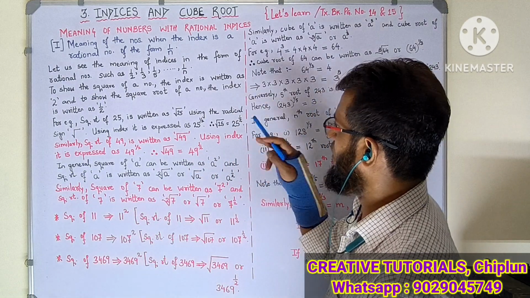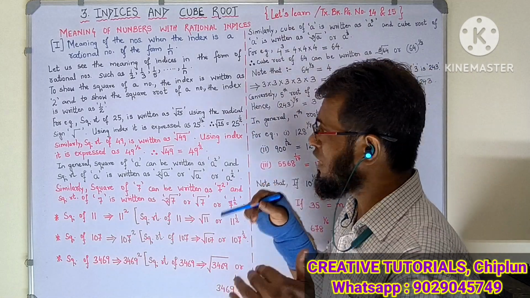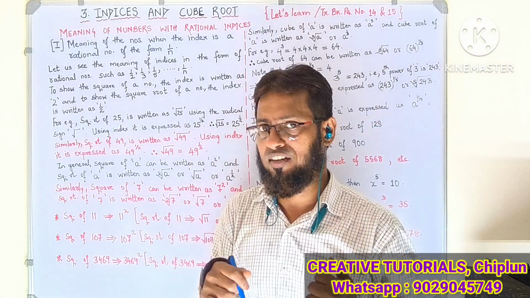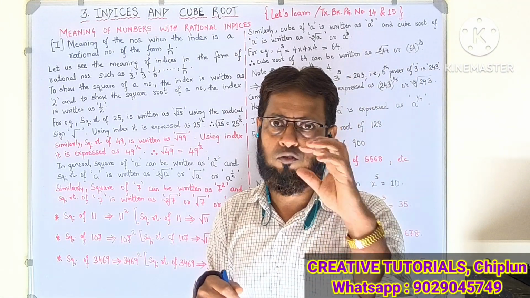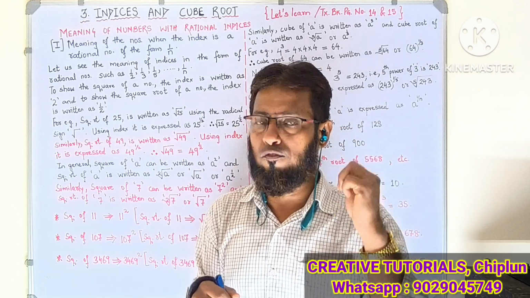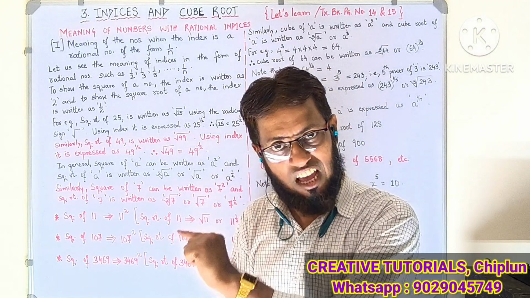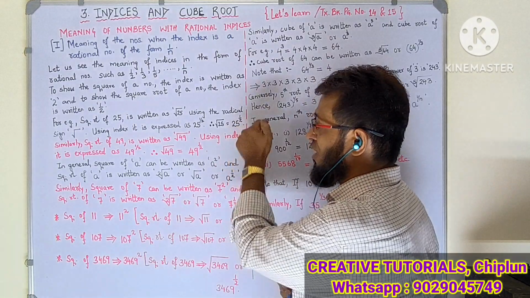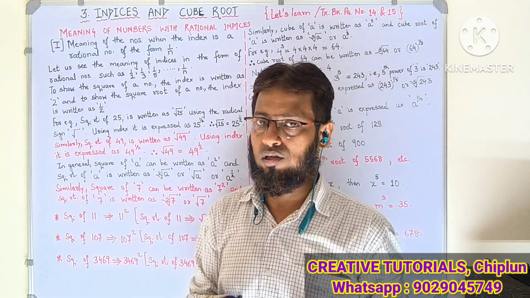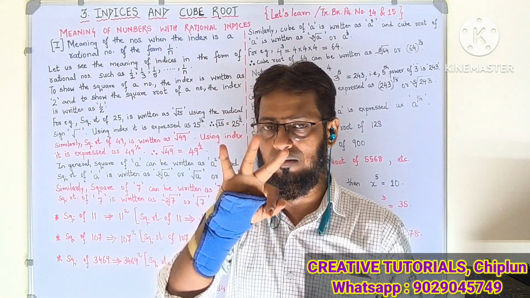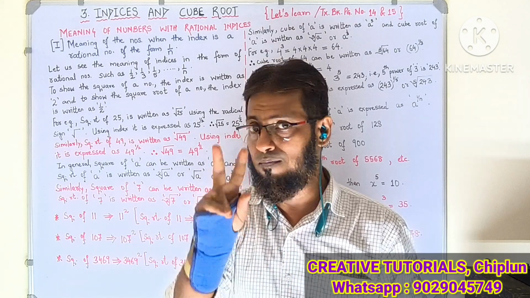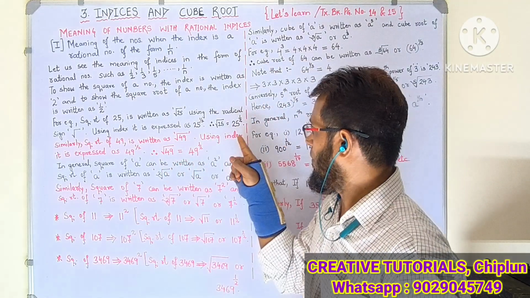Similarly, if we had the cube root of 25, the answer would have been 25 raised to 1 upon 3, because for cube we use 3, and for square we use 2, so here it is 1 upon 2.